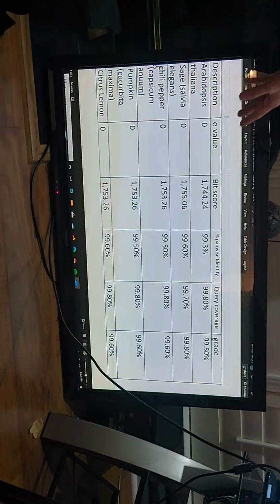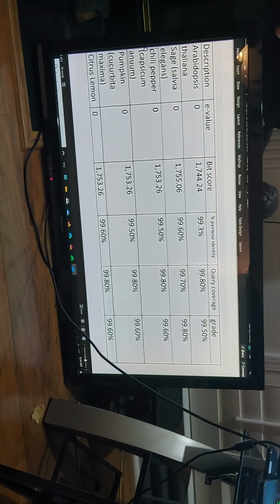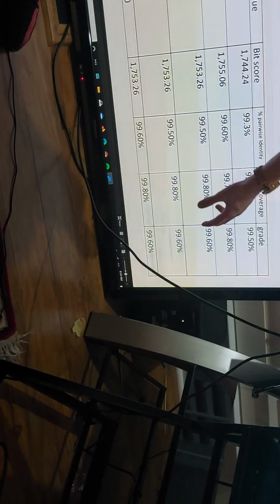The chili peppers, or Capsicum annuum, are 99.5% the same, with 99.6% grade. So actually, you're starting to see a trend here of these 3. They're all 99.6% grade, so they're very good, and they're all very similar.